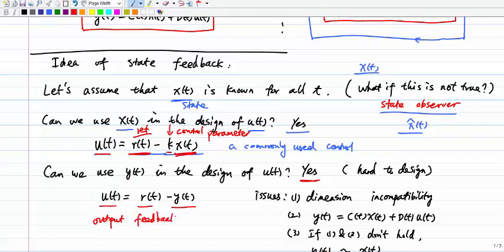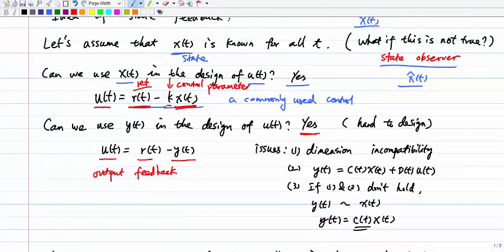There might be some issues we want to address over here. For example, the dimension incompatibility, because typically your state, if I talk about this one, if you remember, I could have x1 dot t, which is a11 x1t plus a12 x2t.